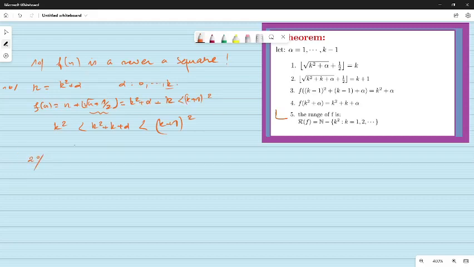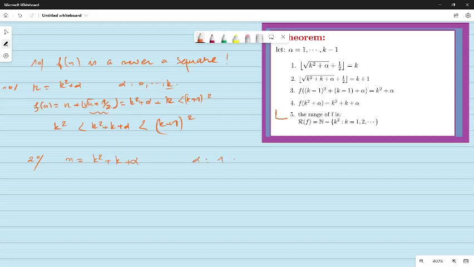In the second case, n equals k square plus k plus alpha.